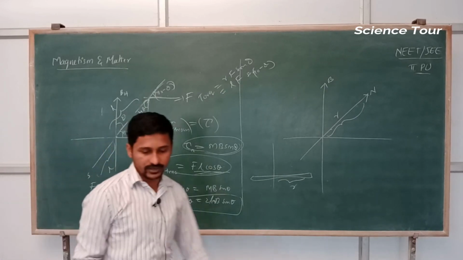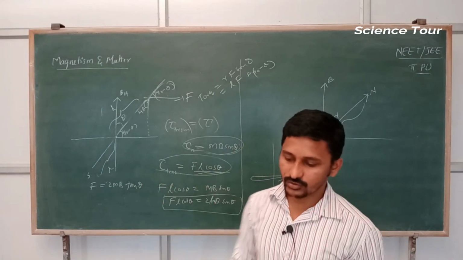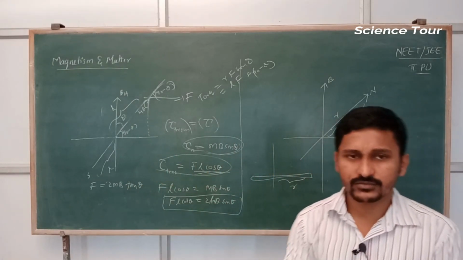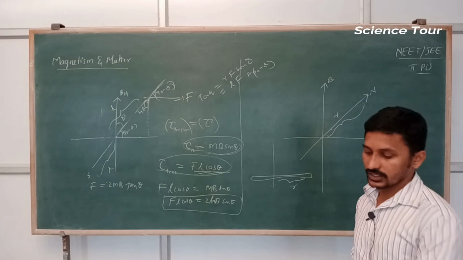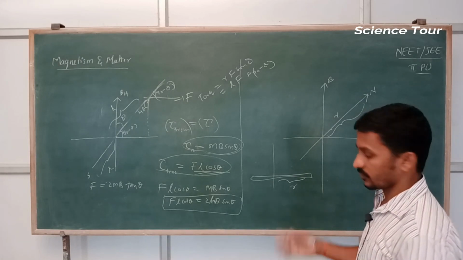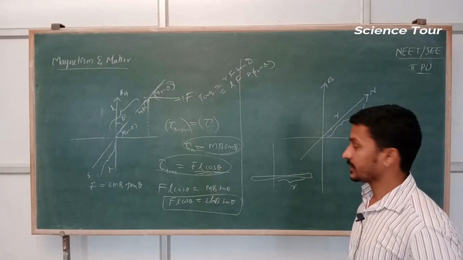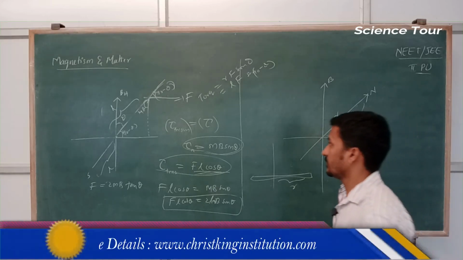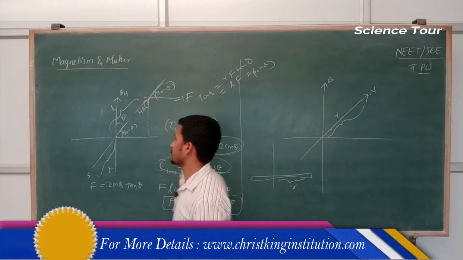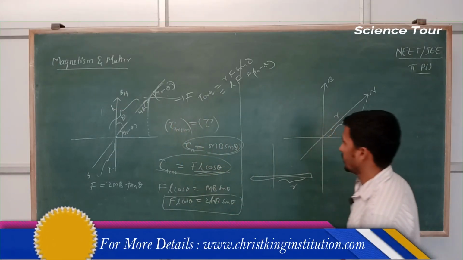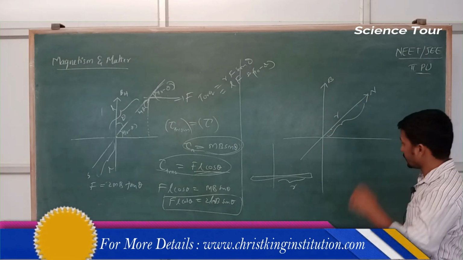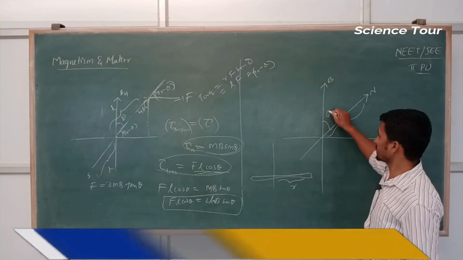You can write down F by tan theta into 2m. In that way we can do the arrangements, or you can find out the magnitude of the magnetic field, all those things.